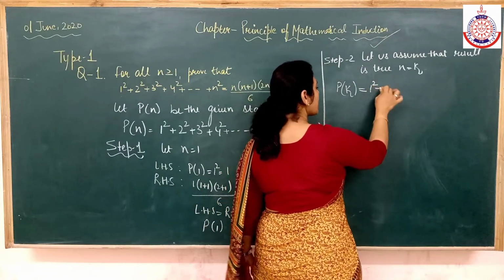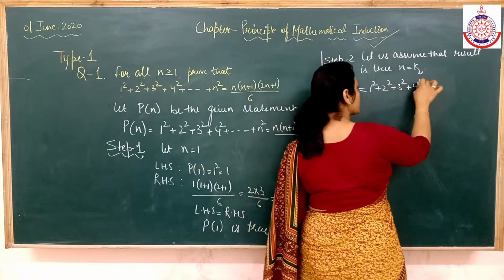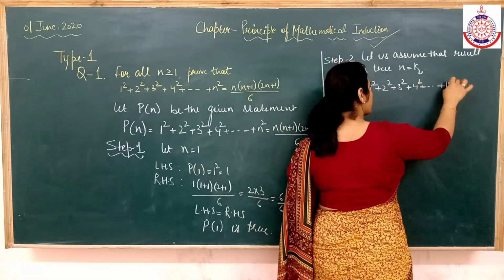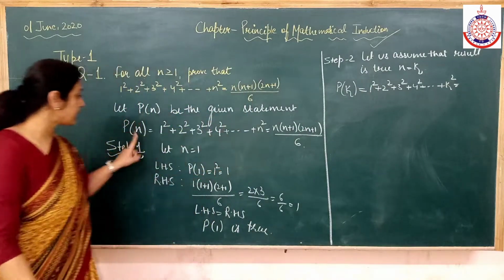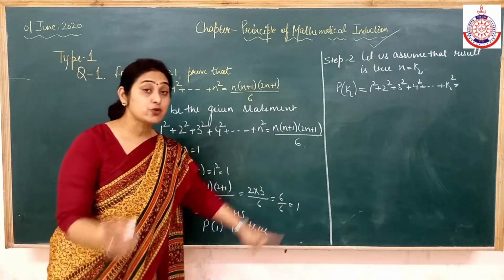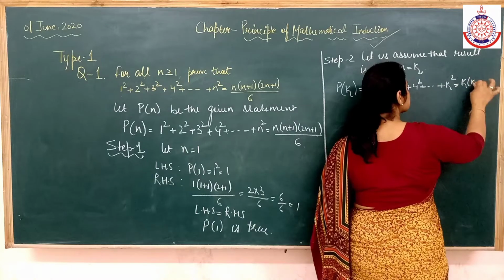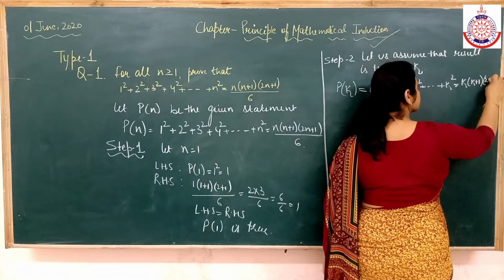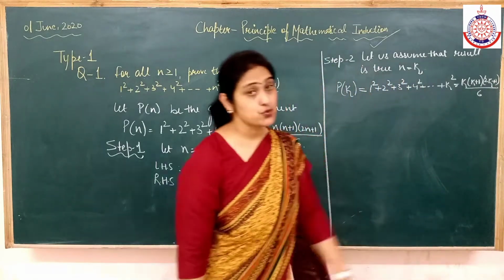What will be Pk? 1 square, 2 square, 3 square, 4 square up to k square. In place of n, I am going to substitute k because I don't need Pn, I need now Pk. So wherever n is there, I am going to put k. So this statement I am taking as true. Fine.